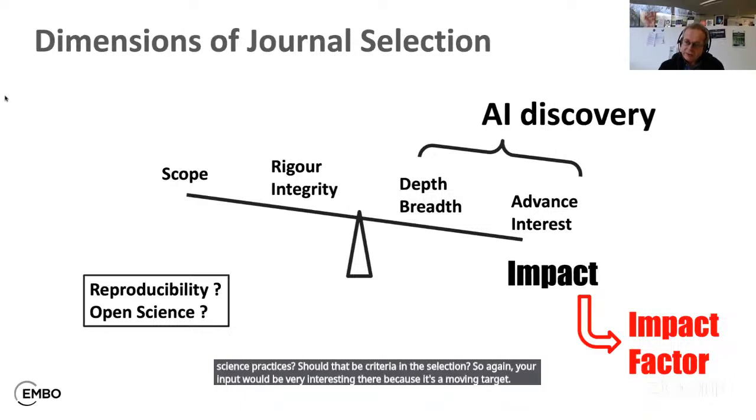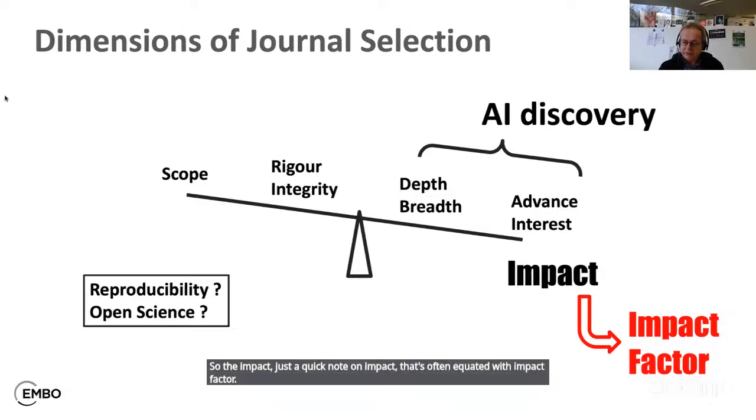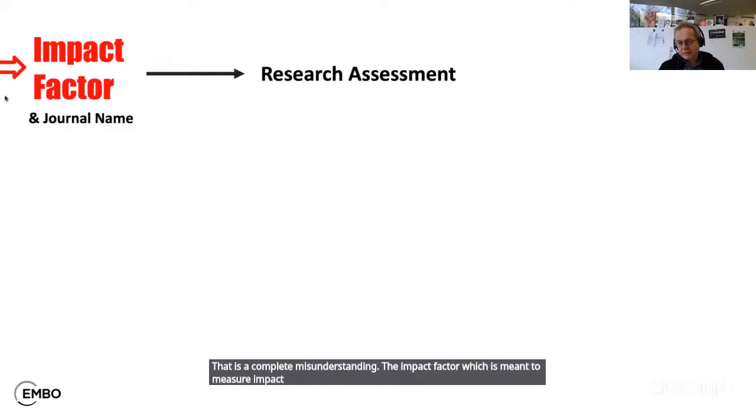So, just a quick note on impact: that's often equated with impact factor. That is a complete misunderstanding. The impact factor, which is meant to measure impact, is actually a thing that was created to stratify journals. And that's a really important thing.